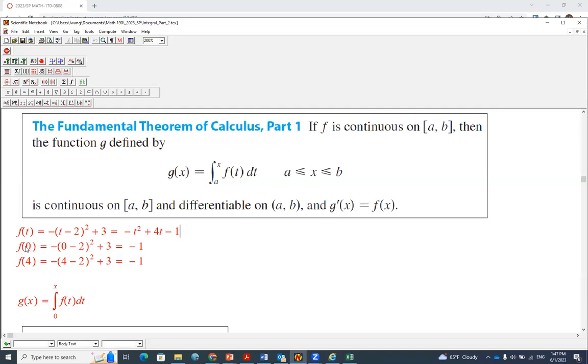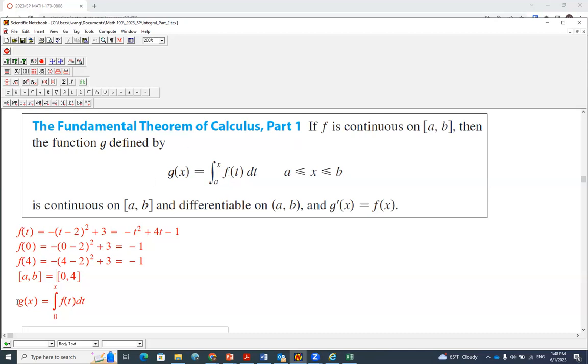We're discussing from 0 to 4. So the interval is 0 to 4. That's our A to B, and that's our F of t.